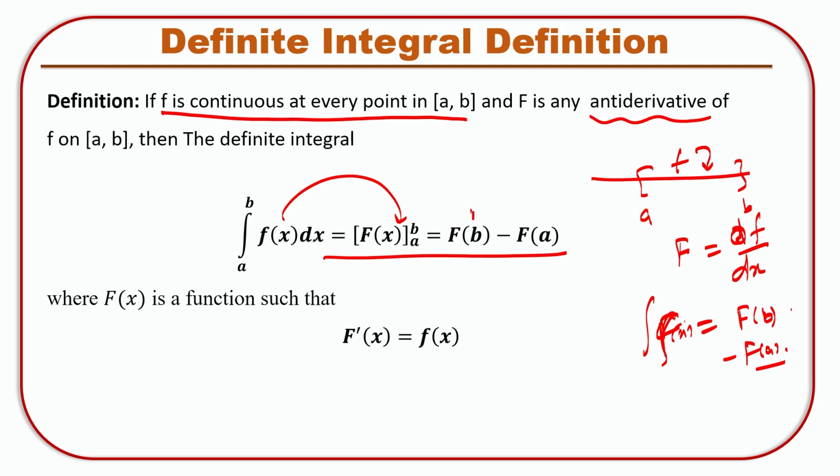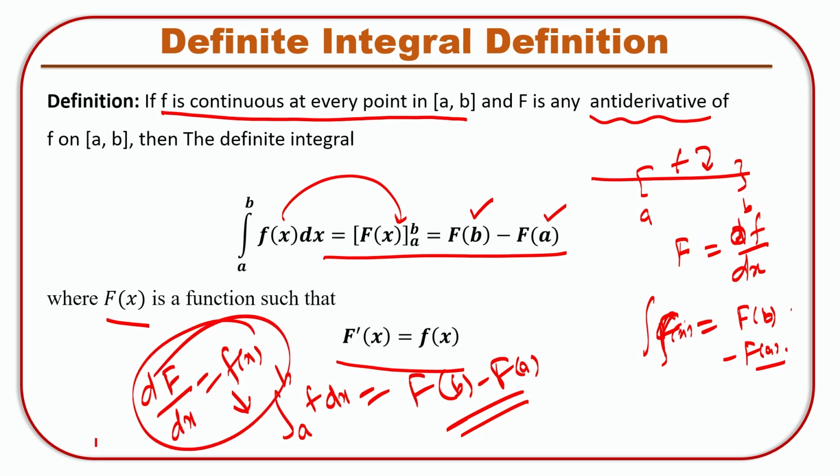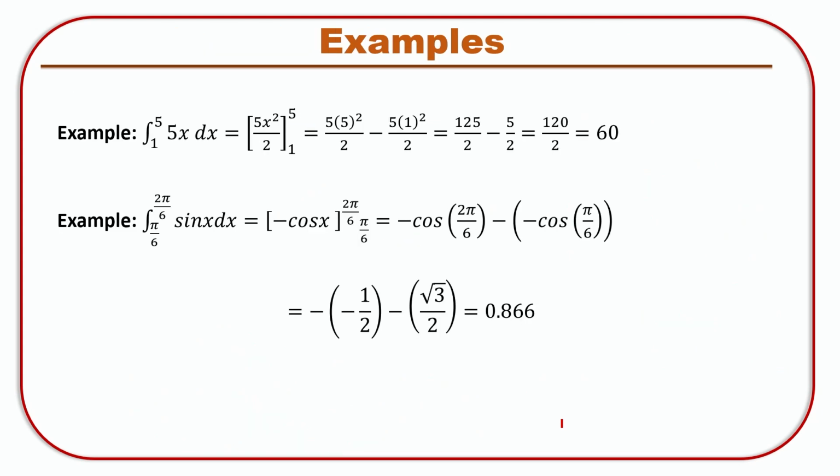That will give you F(b) minus F(a), where the derivative of capital F(x) is the small function f(x). That's why it is sometimes called the antiderivative: this is the derivative of the function, and you are taking the antiderivative of this function, and this will give you the integration. So let me explain with examples.